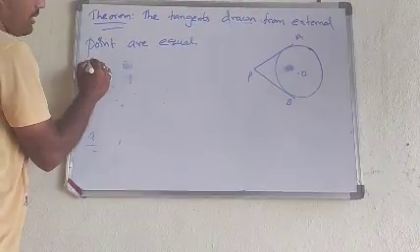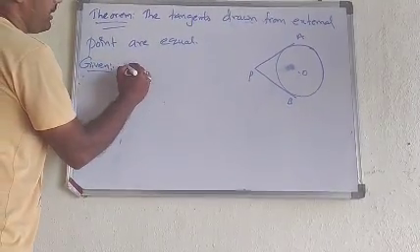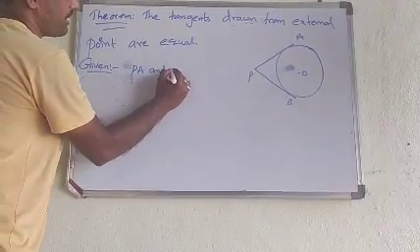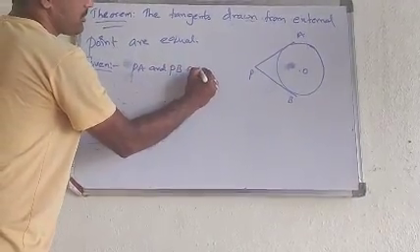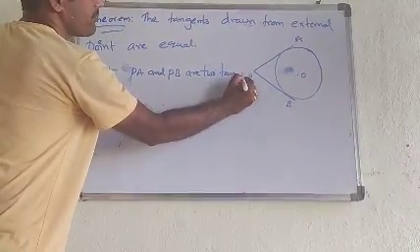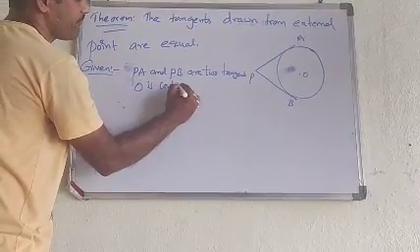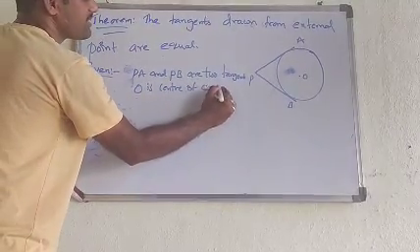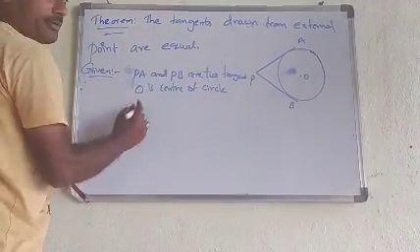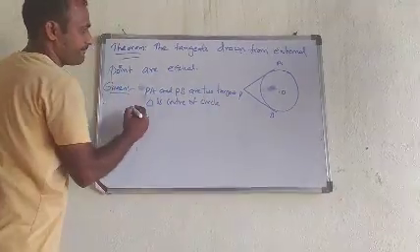So let us write the given. PA and PB are the two tangents here, and O is the center of the circle.